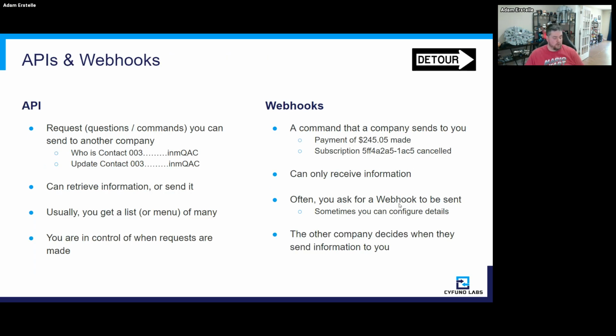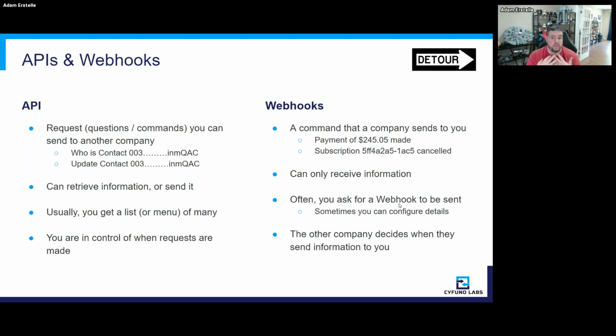Now, I want to take a little bit of a detour because I threw out terms like APIs and webhooks, and it might not be entirely clear what those things are. An API is something that you can make a request to. So if I want to make a request to Pardot, I will use Pardot's API. Now, it can be Salesforce's API, it doesn't matter.